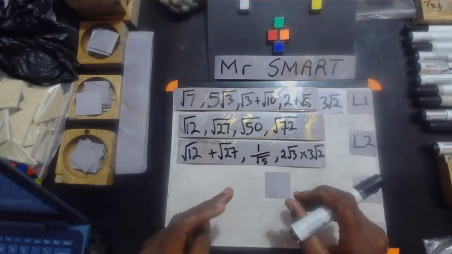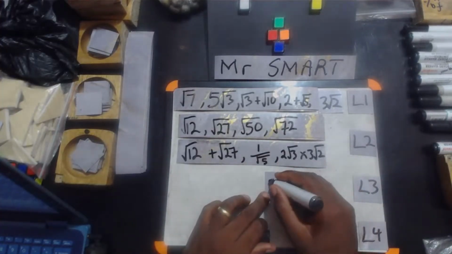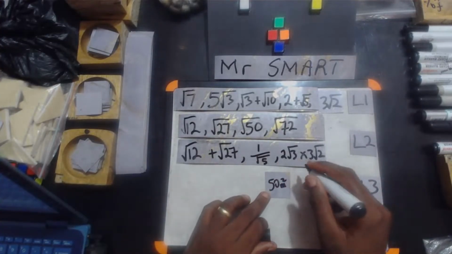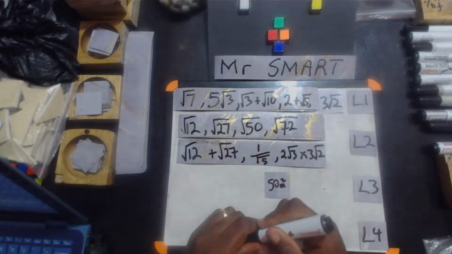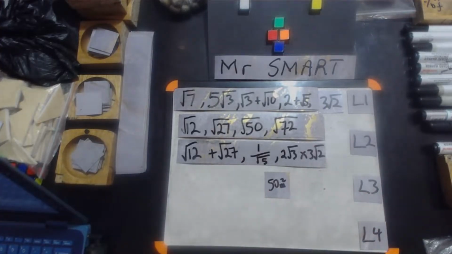The area is 50 meters squared. Now I want you to express the side length as a surd in the simplest form.